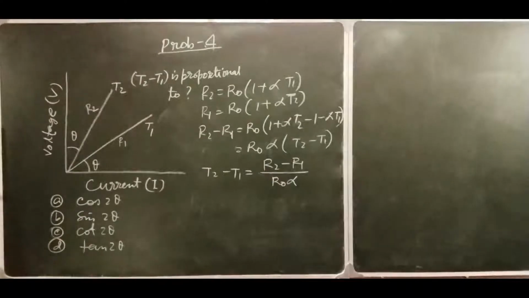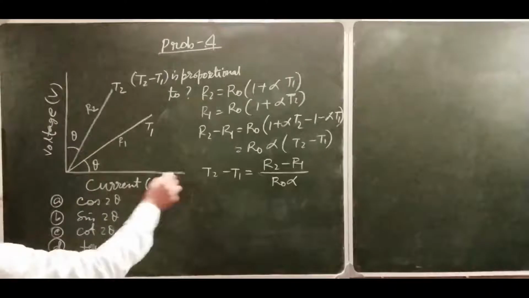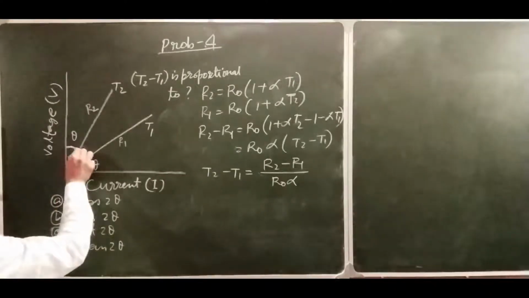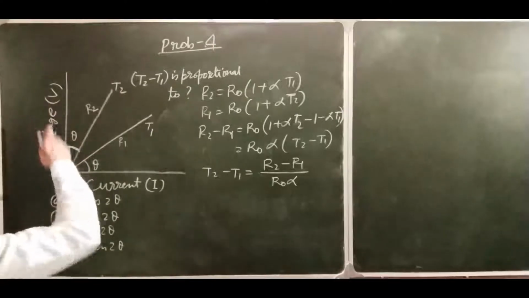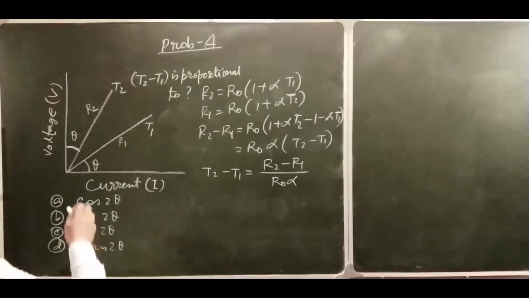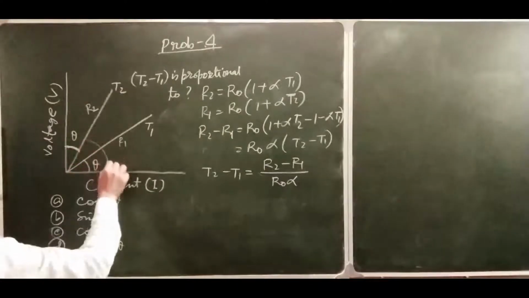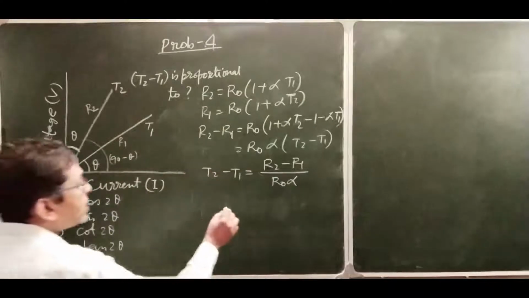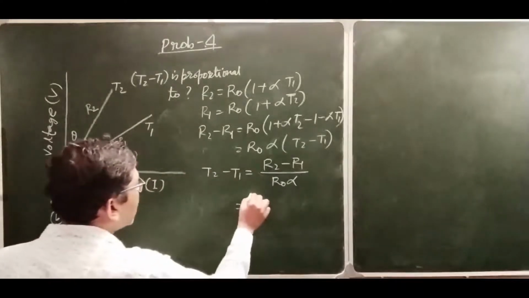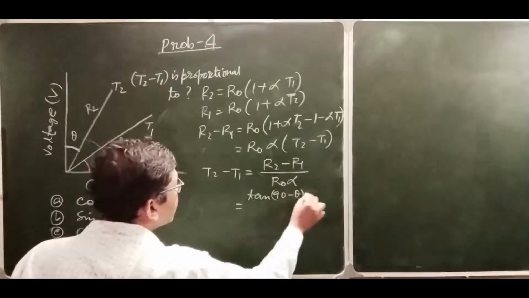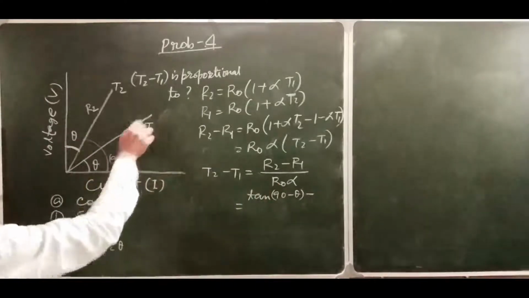Now slope is the tangent of the angle made by the straight line with the positive x-axis. But here the angle is made with the y-axis, the vertical axis. So we have to change it. If it is theta, then it is 90 minus theta. So that means R2 minus R1 is equal to tan of 90 minus theta.